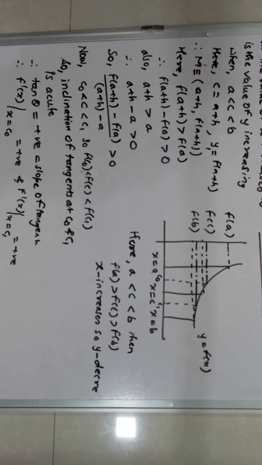Okay, so that is my observation. So in the neighborhood of C, as the value of x went on increasing, the corresponding value of y went on decreasing. That means it is true for every point between A and B, that as x goes on increasing, y goes on decreasing. So such a function is called a strictly decreasing function in the open interval A and B.